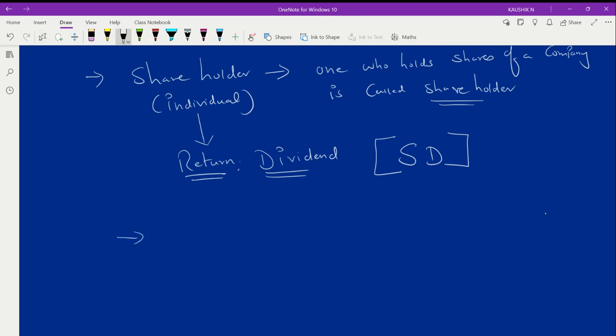Okay, share types. Do you have any idea how many types of shares are there? Very good. Okay, so that is what you are going to see here. Equity shares and preference shares are called the types of shares.